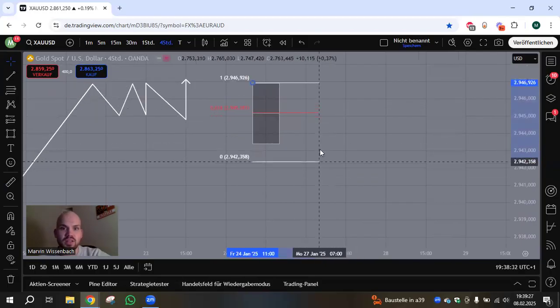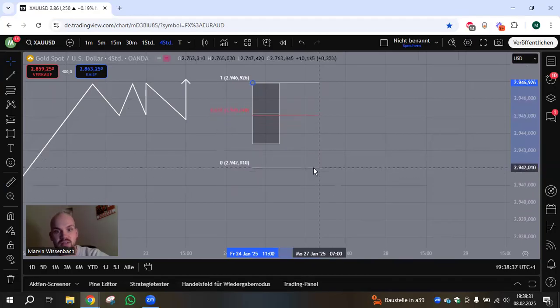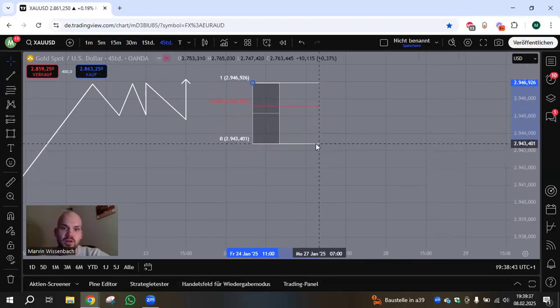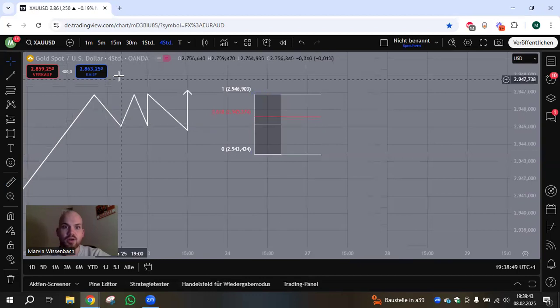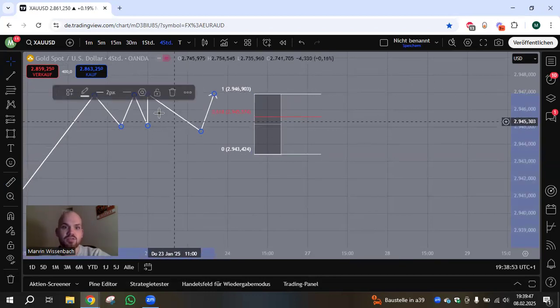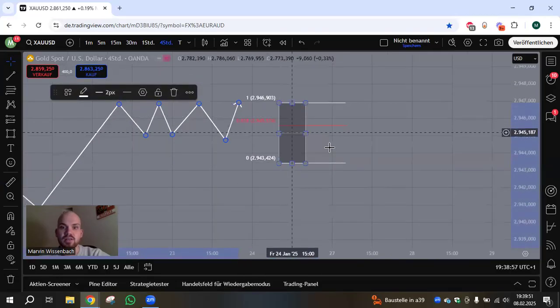So if I move this, the 61.8% is obviously relative, and so this also moves with the movement of the start and the ending point of the Fibonacci retracement. And all we want to do is enter the trade at the 61.8 Fibonacci level.